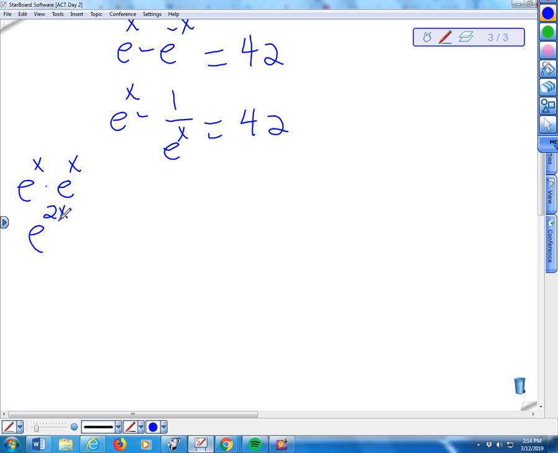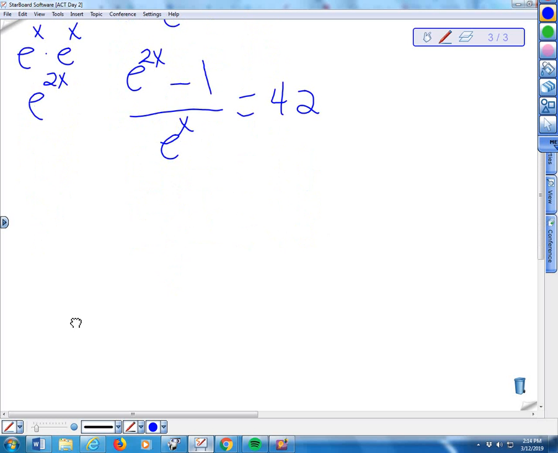Okay, so this becomes e to the 2x minus 1 over e to the x equals 42. So now I have e to the 2x minus 1 equals 42 e to the x.